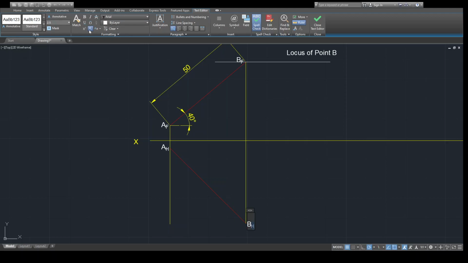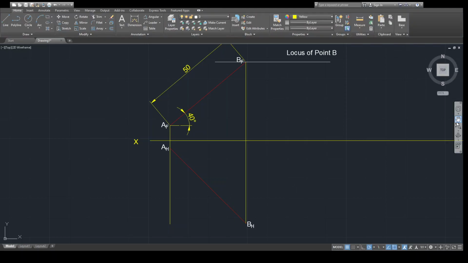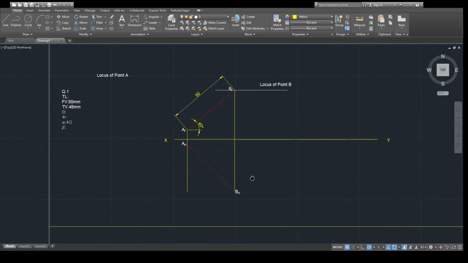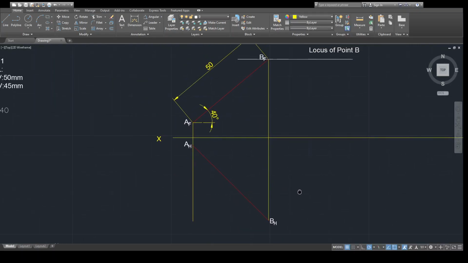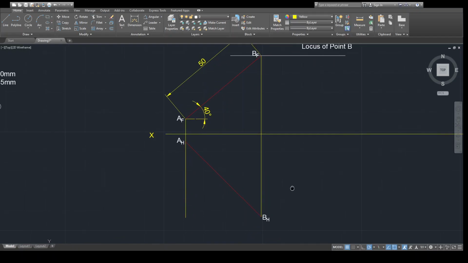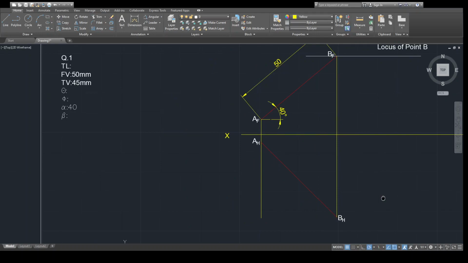This is BH. So what we have done? AF, BF and AH, BH lie over the same projection. So front view and top view you have already drawn.